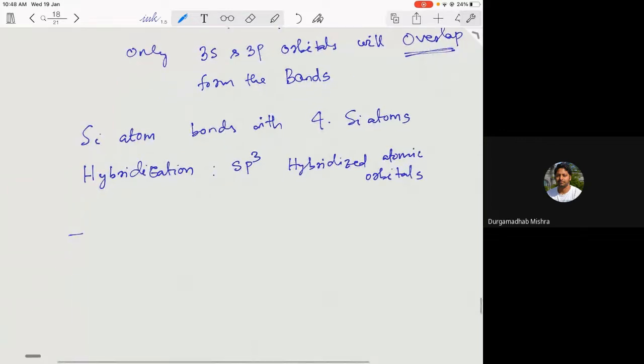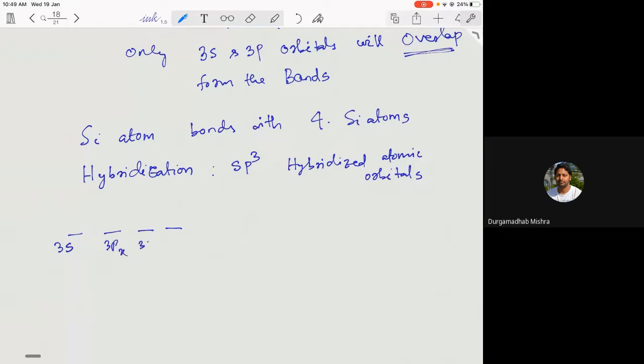So in a way, let's say you have 3s, 3px, 3py, 3pz, and then after hybridization, what happens? You will have 4 sp3 hybridized orbitals.